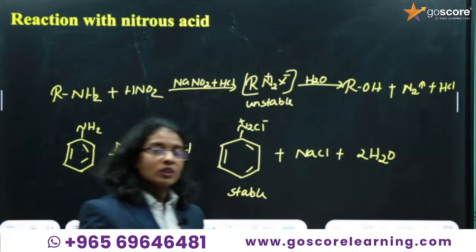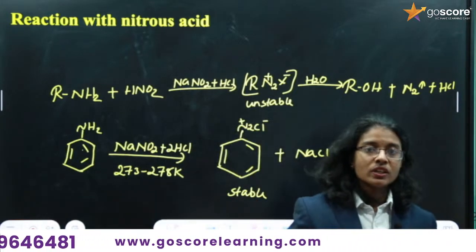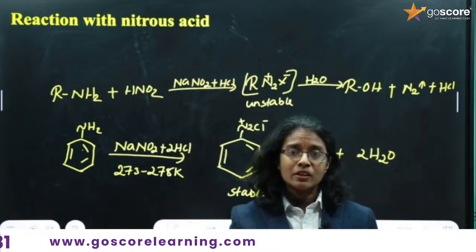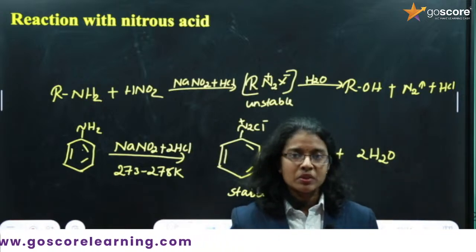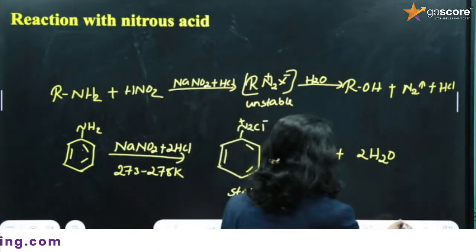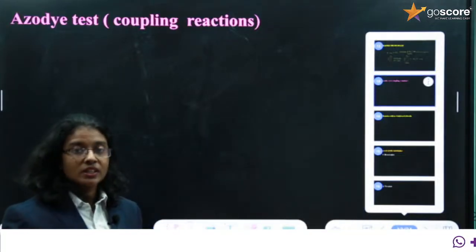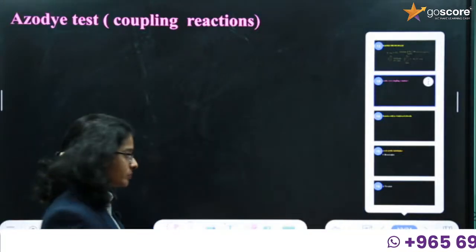So suppose you are in the lab and you didn't see the evolution of nitrogen gas. How will you identify whether the compound is aliphatic primary amine or aromatic primary amine? We can do another test to confirm that the compound is aromatic primary amine. That is the azo dye test.